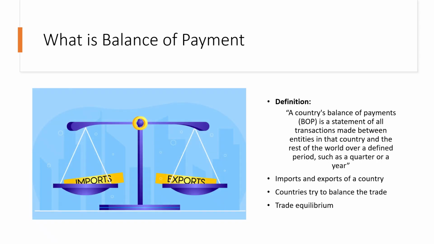If there is a balance in imports and exports, if the imports are equal to exports, we call this trade equilibrium. And this image right here shows the situation of trade equilibrium. So this is the simple concept of balance of payment. I thought that before starting the balance of payment crisis, we should try to understand what is balance of payment. So I hope that the concept is clear now.